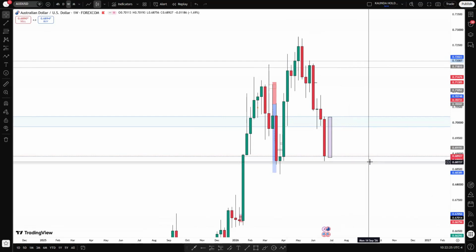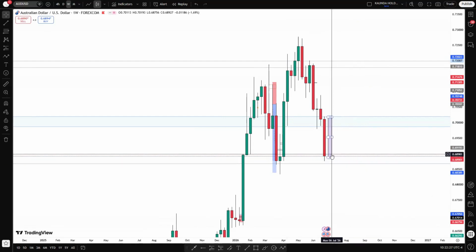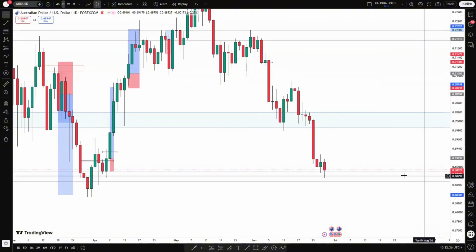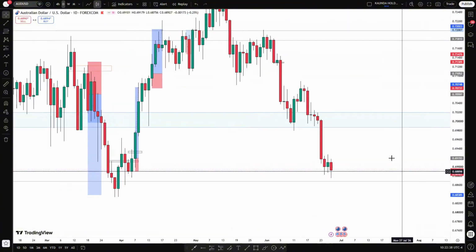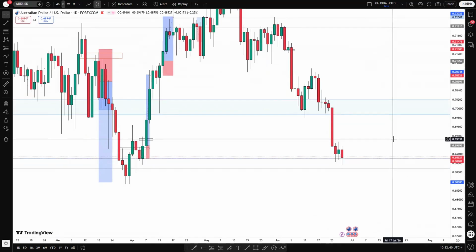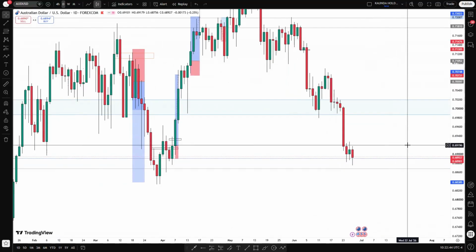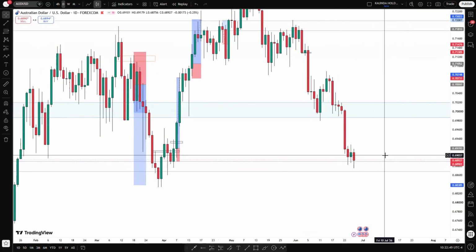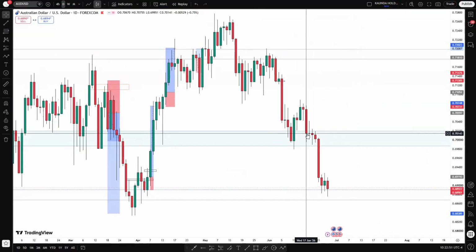Then what next do we have? We look at the daily time frame. This is AUD USD in the daily time frame. In the daily time frame also, price is bearish. That's the contradiction part.